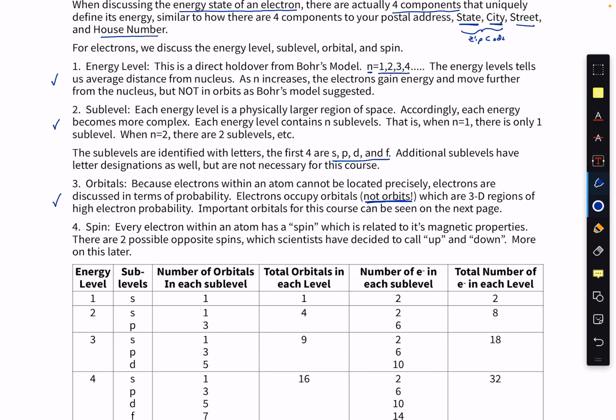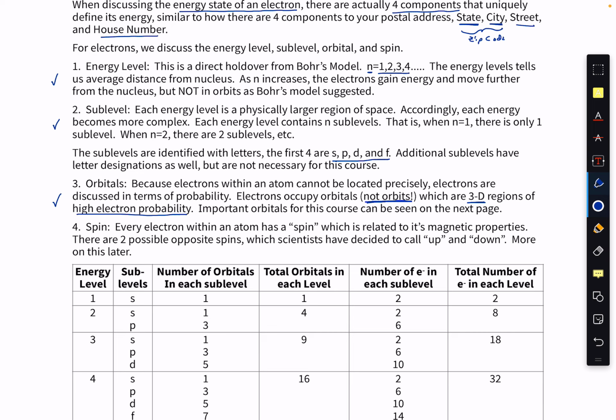And what this is, is a 3-dimensional region of space that contains high electron probability. So, again, Heisenberg's uncertainty principle has taught us that we can't pinpoint where an electron is at any given instant. But what we're going to discuss is, where do the electrons spend most of their time? Where are they likely to be hanging out at a given instant?